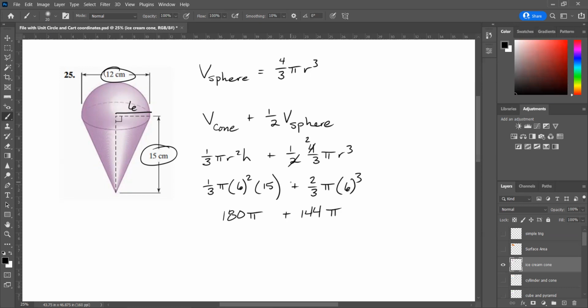Both of those have pi in them. If I add those together, that gives me 324 pi. And taking that to my calculator gives me 1018 cubic centimeters. So you can see we can, just like with the areas, when we took multiple areas and added them together, we can do the same thing with volumes. Take multiple volumes and add those together.